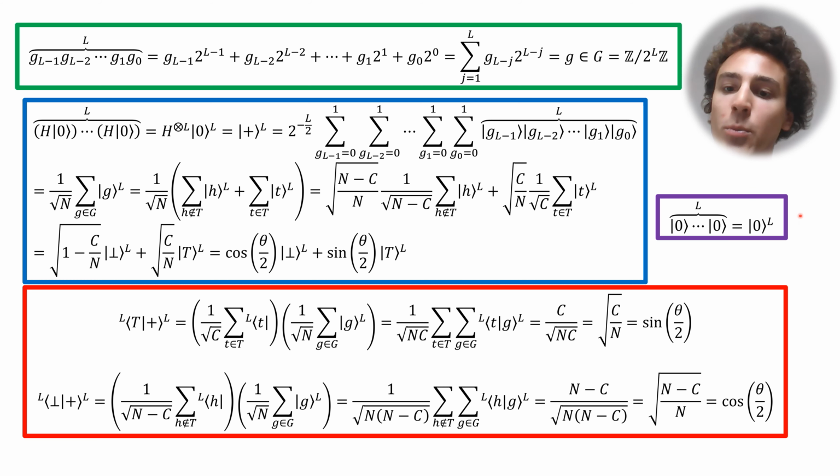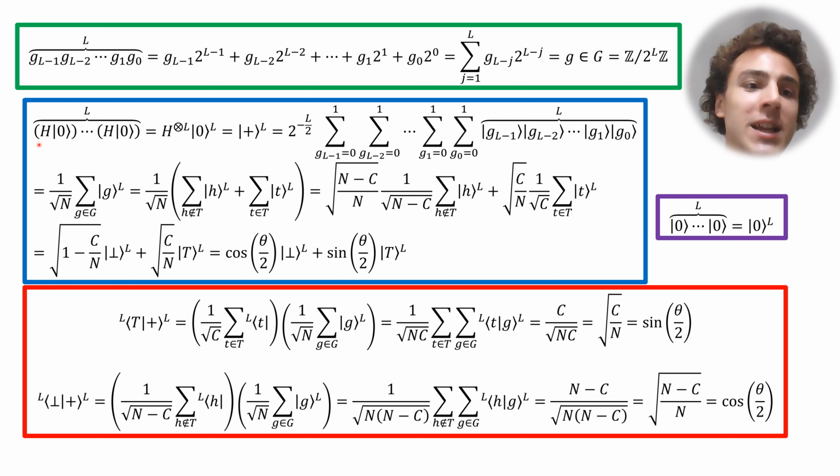Have a look at this purple box. This purple box shows the quantum state of the L qubit register immediately after initialization, so before we apply the Hadamard gates. On the left, we can see a notation that emphasizes individual qubit states. On the right, we can see a condensed notation for this L-qubit computational basis state.